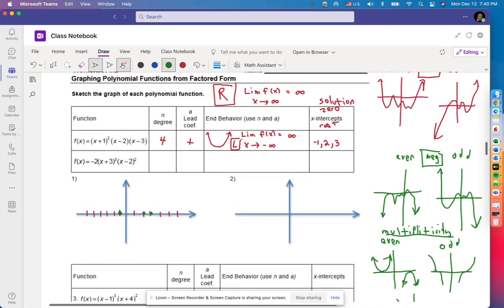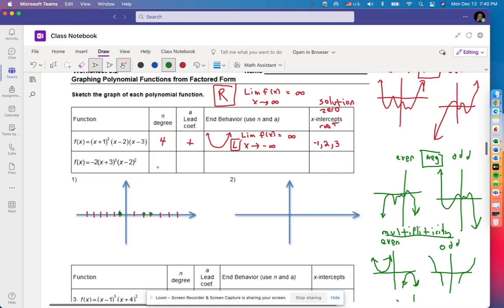Okay? All right, with that said, now I'm going to go over here for my rough sketch. I'm going to go to -1, and I'm going to bounce. And I know my end behavior is up, because it's even. So I'm going to go down, bounce at -1, and bounce. I don't know how high I'm going to go.